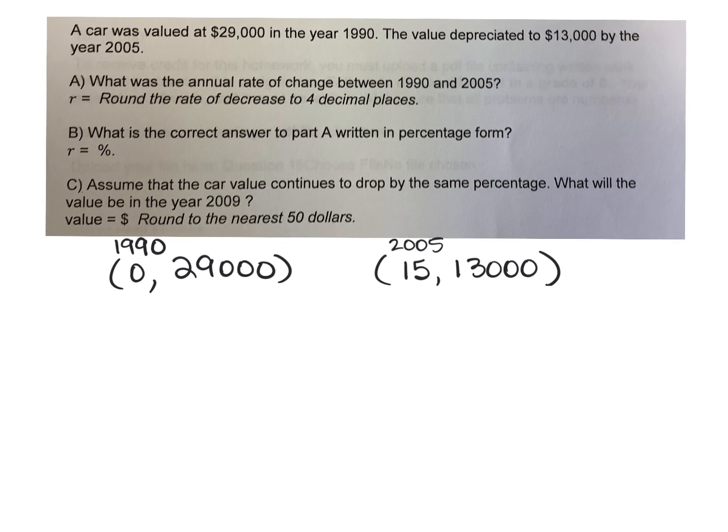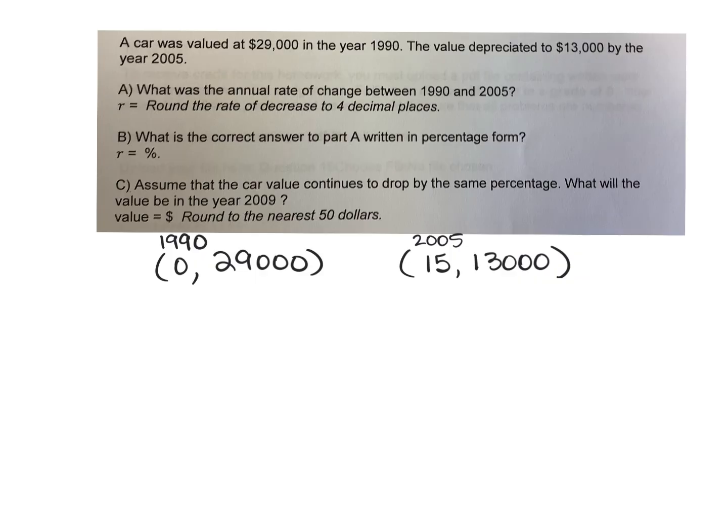So the first thing we need to do is come up with our equation. So we've got f of x is equal to 29,000 is my initial, and then I'm going to have b to the x exponent.